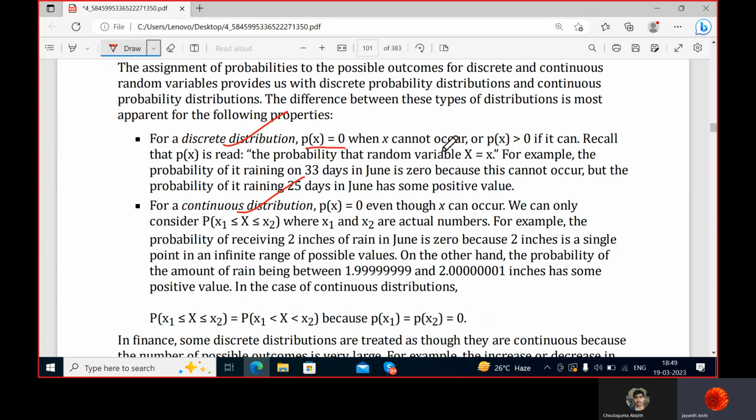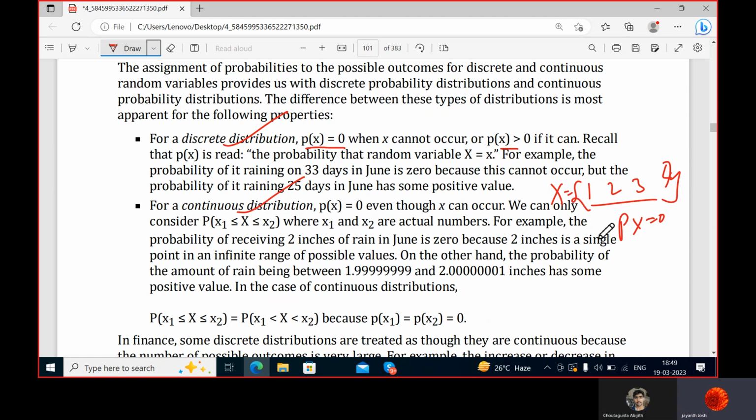When x cannot occur, we put probability 0. And the probability of x is greater than 0 if it can occur, like 1, 2, 3, 4. If the probability of x is equal to 0, that means x is some number which does not exist in this set, isn't it so?